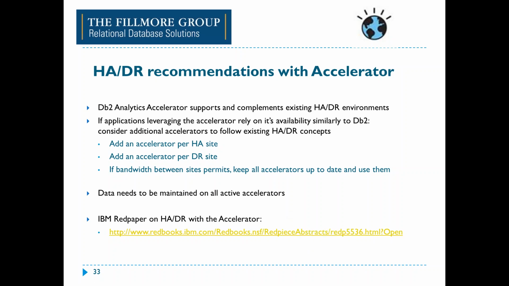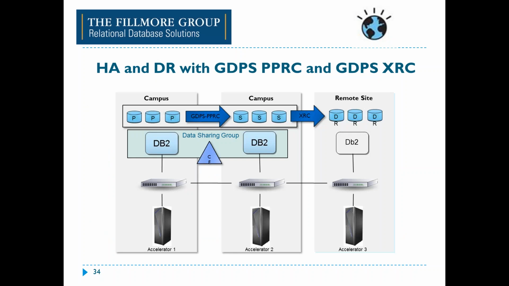It tells you at a very specific level, depending on whichever form factor you choose, what the HA and DR considerations are. A lot of it has to do with GDPS, PPRC for metro, and XRC for very wide distances.